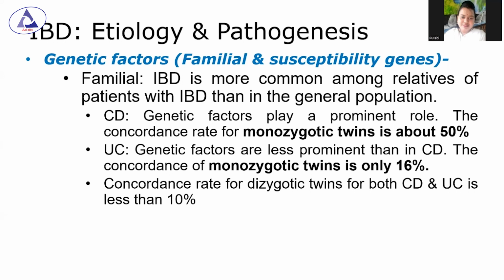The concordance rate for monozygotic twins is about 50%. Genetic factors are less predominant in ulcerative colitis, where the concordance of monozygotic twins is only 16%. And the concordance rate for dizygotic twins for both Crohn's disease and ulcerative colitis is less than 10%.